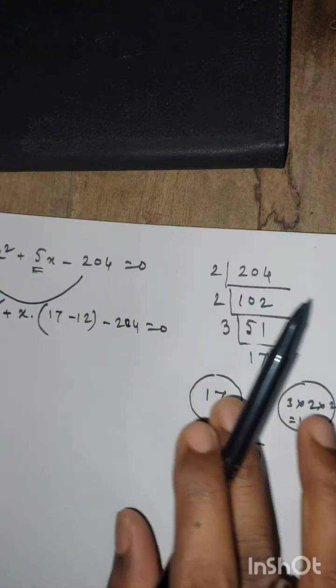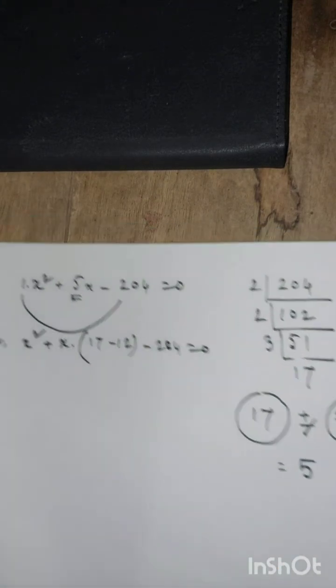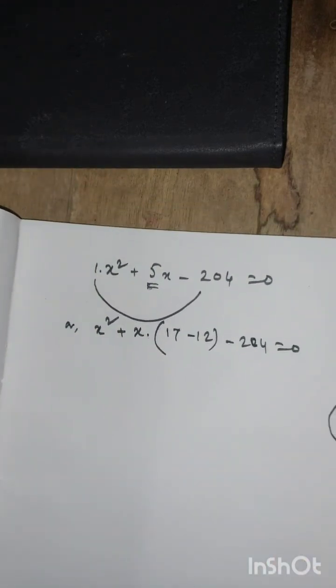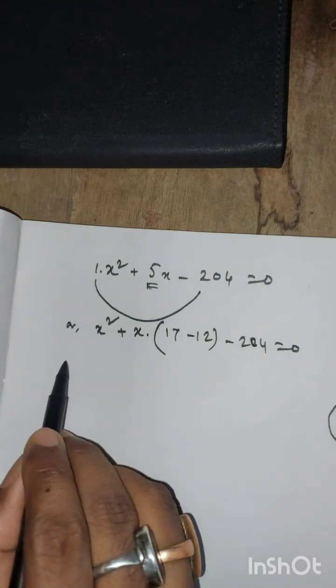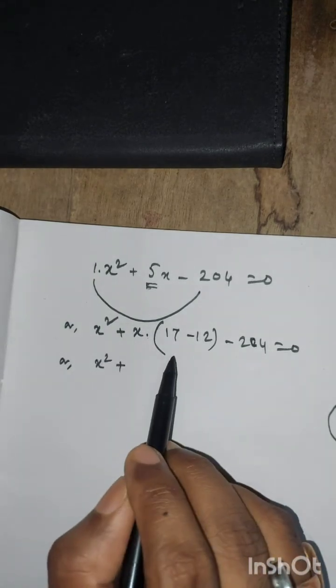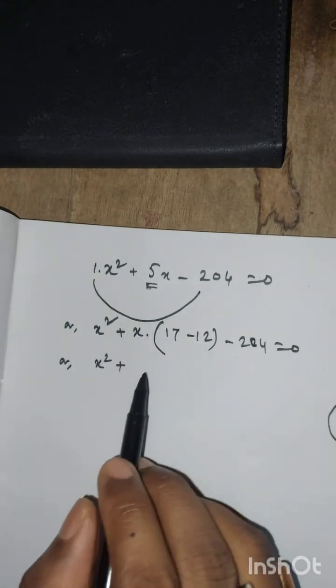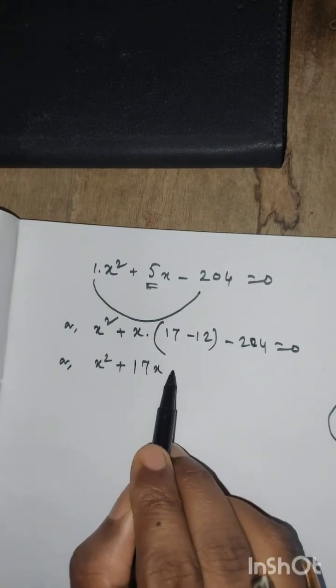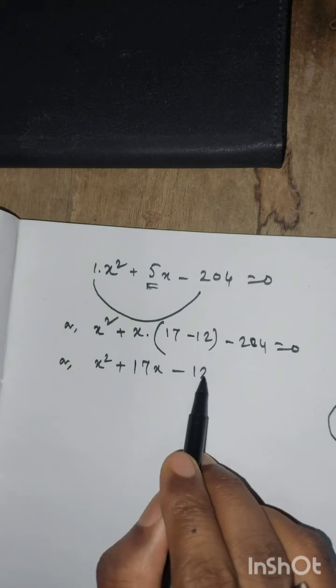So this is how the arrangement is done. After that we put it like this. Now x square plus, we are removing this bracket and multiplying these numbers, so it becomes 17x, it becomes 12x.